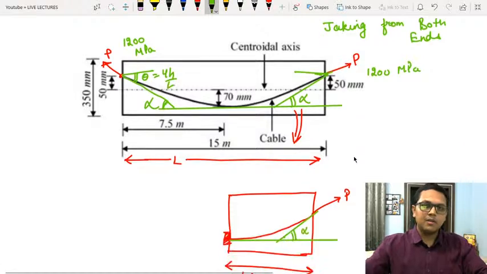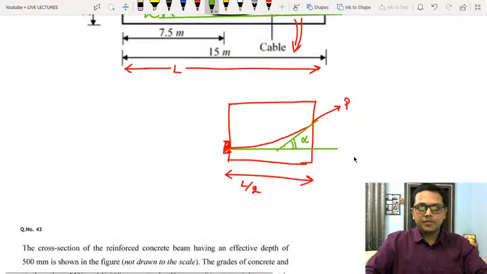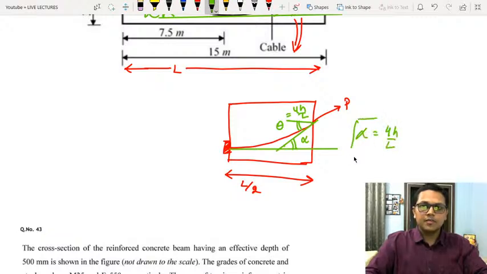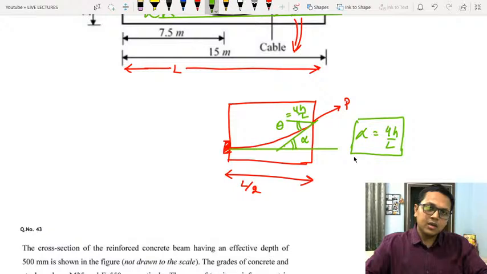So the alpha will be how much in this case? 4h by L. Alpha will be equal to 4h by L only. Any doubts? Because the resultant effect is only on the half of the cable.